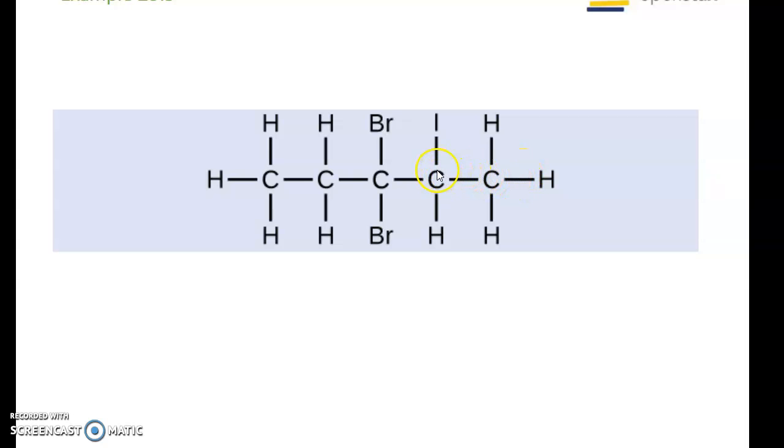So this is 2-iodo, 3-dibromo, and this is 5 of them right here, pentane, right? 2-iodo, 3-dibromo, pentane is the name for this one.